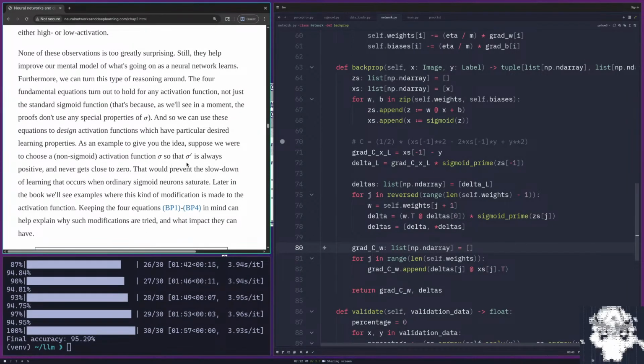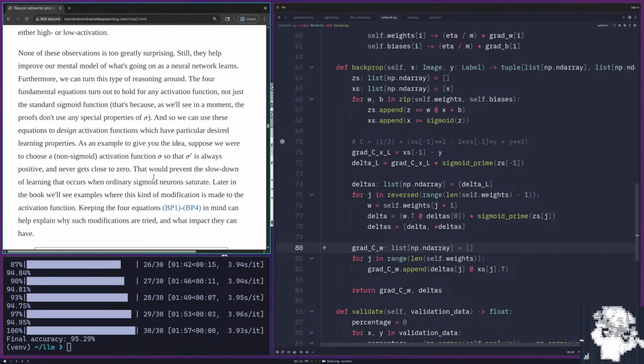So I happen to know that the activation function used in modern neural networks is not sigmoid, but is ReLU.